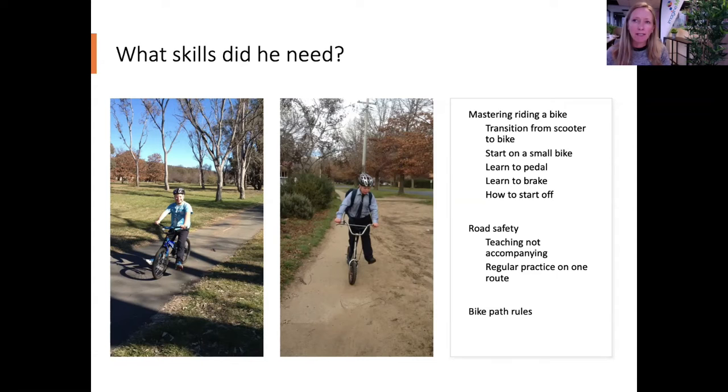And it's very easy to have people just accompanying a person rather than teaching them what the rules are. So regular practice on the same route was really important. And so not only there's road safety rules, there's also bike path rules here in Canberra. So he needed to understand what those meant.